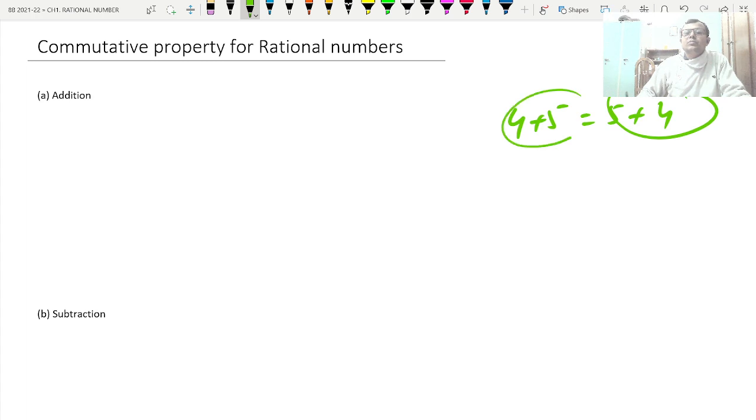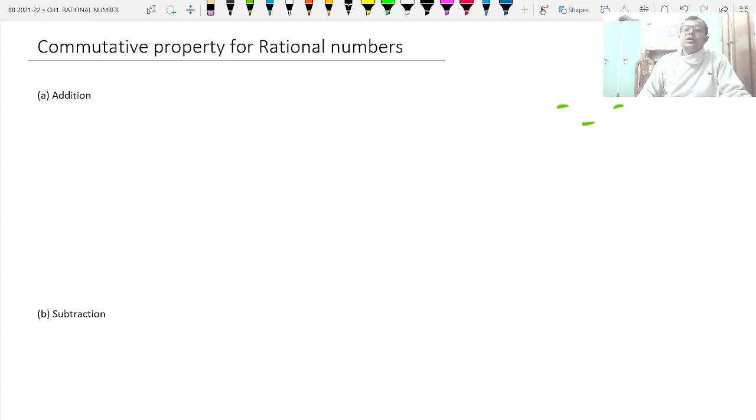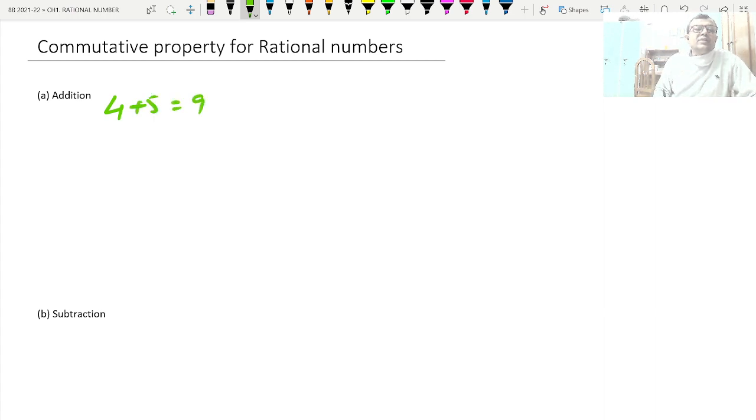You add or multiply in reverse order. 4 plus 5 is 9, and 5 plus 4 is also 9. Hence, 4 plus 5 is equal to 5 plus 4.